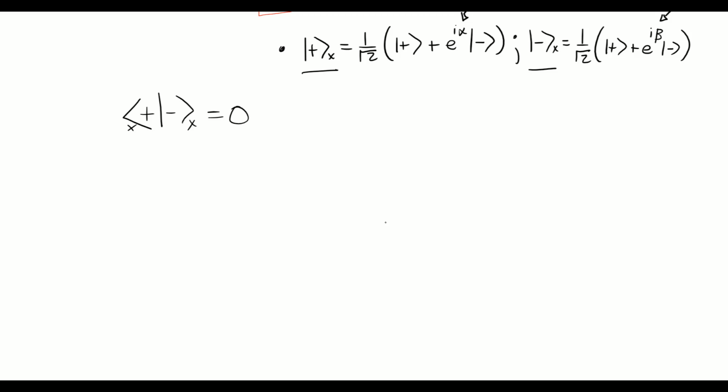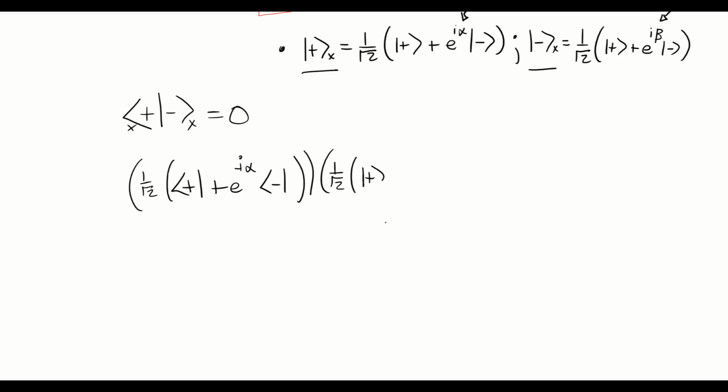But if we want to calculate this, we can just take that inner product, and what we get is 1 over root 2 times plus, e to the minus i alpha minus, dotted into 1 over root 2 plus, e to the i beta minus.